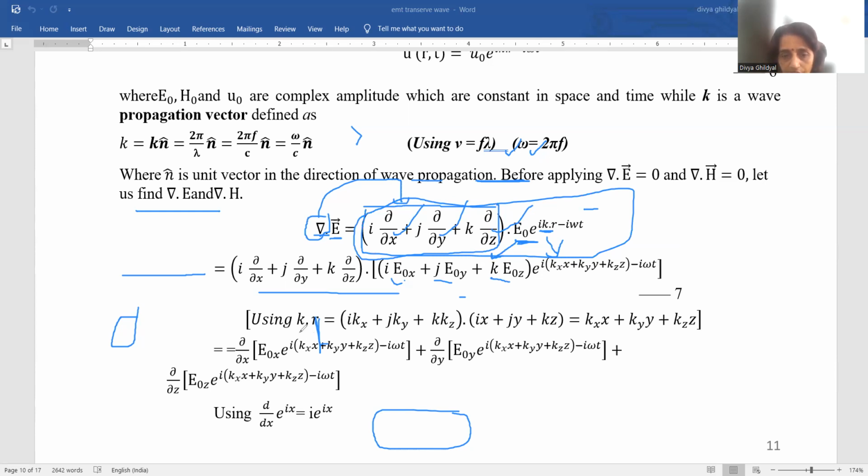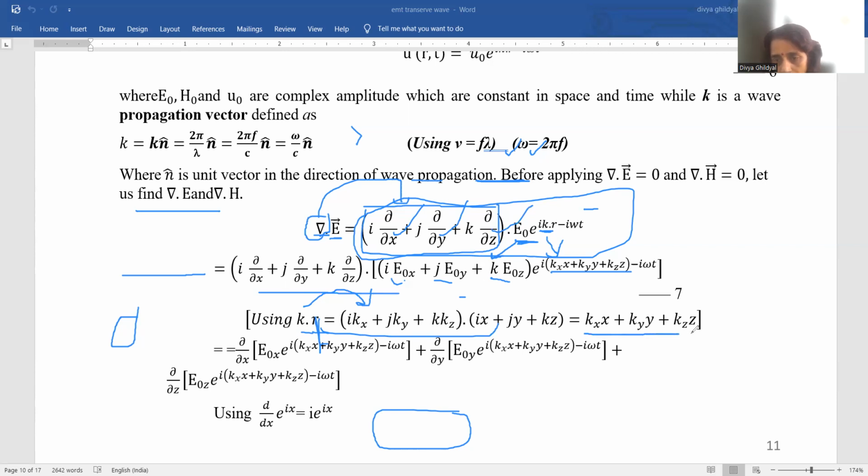Now solving it further. k·r. How did I get this? k x, k y, and k z. See, k, I can write i kx, j ky, plus k kz. And r is i x plus j y plus k z. Now the dot product: i·i is 1, j·j is 1, k·k is 1.